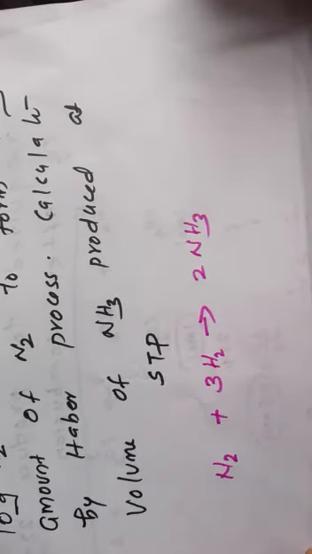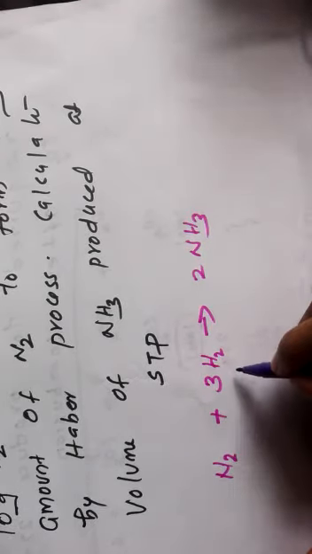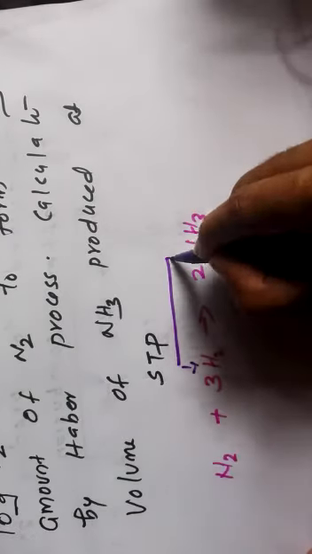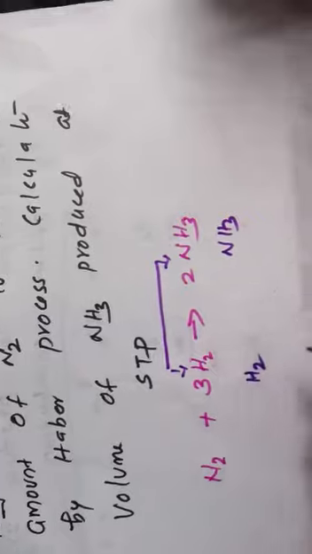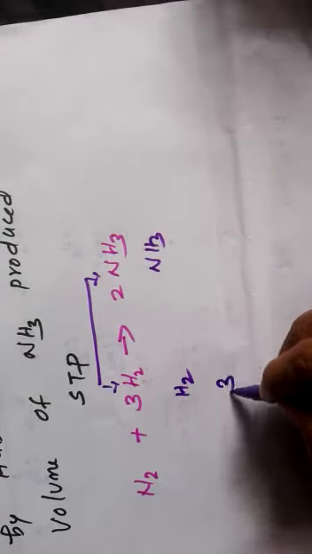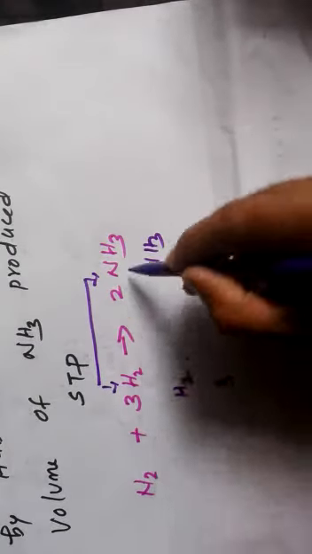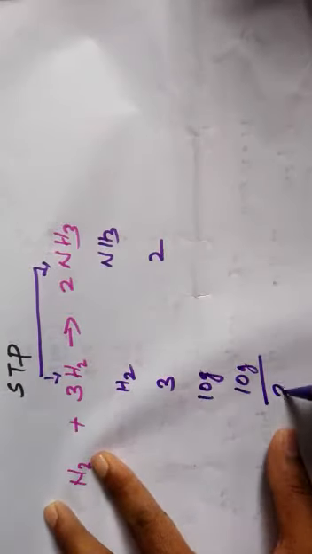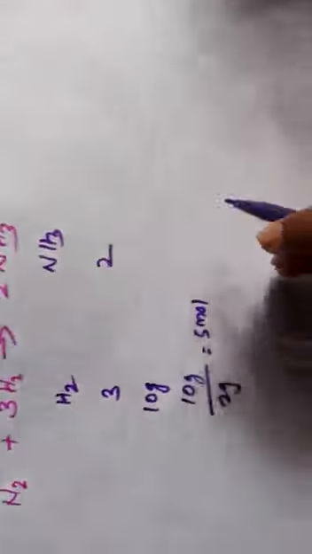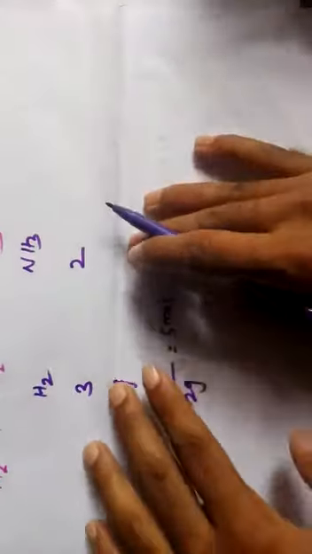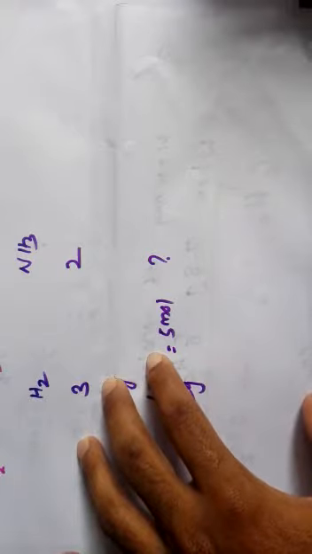Yes, you have to connect between hydrogen and ammonia. Therefore, hydrogen, ammonia. This is 3, 2. Now you have 10 gram hydrogen. 10 gram hydrogen means 10 gram divided by 2 gram, that is 5 mole. First we calculate how many moles of ammonia it is.